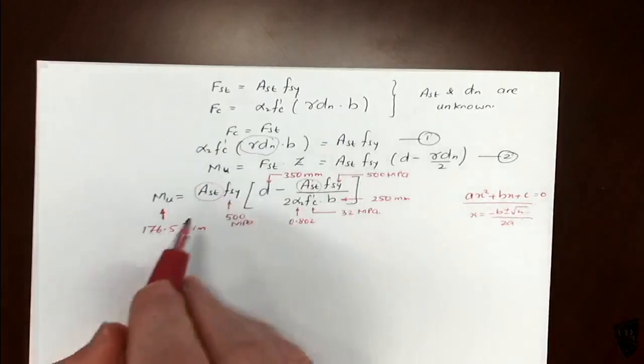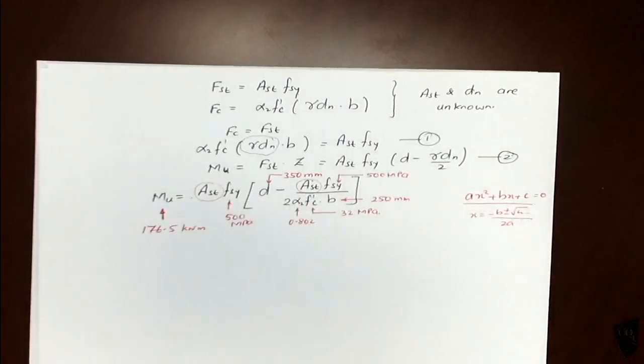This is a second order equation. How many of you know how to get the AST from this? Substitute all these values. All the values are known. Can you get the AST?